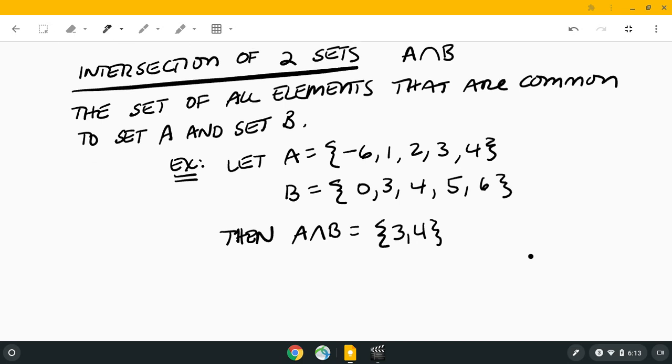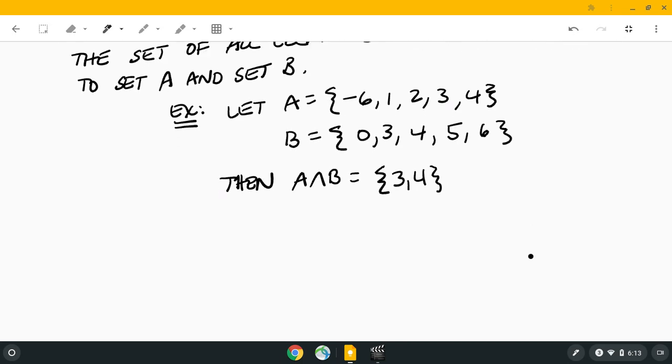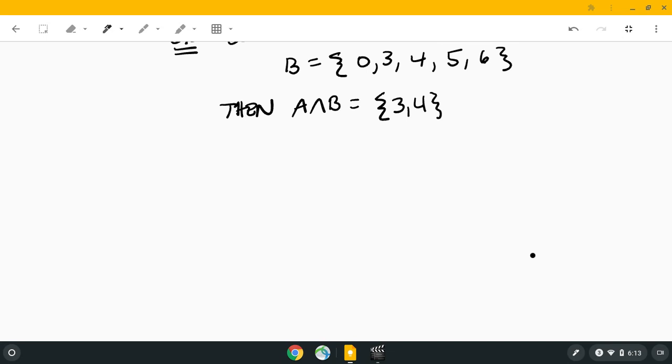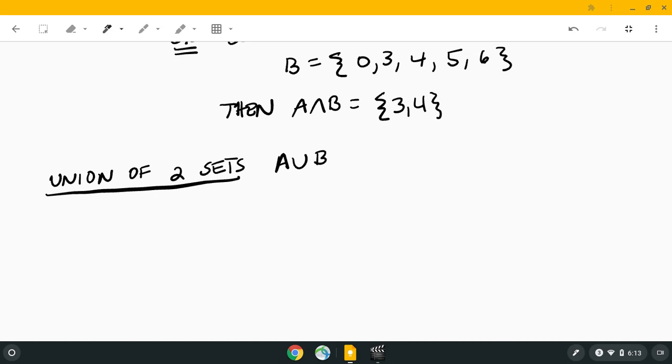Okay, so let's take a look at the union of two sets. The notation we use for this is this sort of U, but it's not a U. But that's one way to remember it.